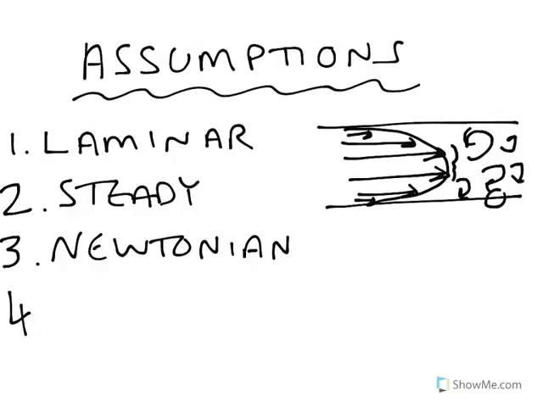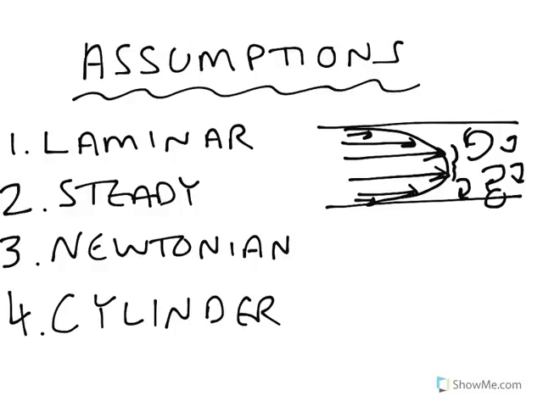And finally, number 4, we must be passing through a cylindrical pipe. So this is about the most appropriate assumption in terms of the cardiovascular system, because most blood vessels are cylindrical, unless you're thinking about veins which can collapse down and take on a non-cylindrical cross-section.